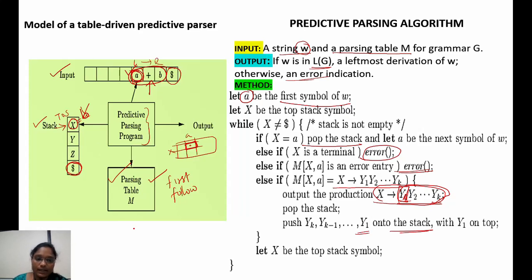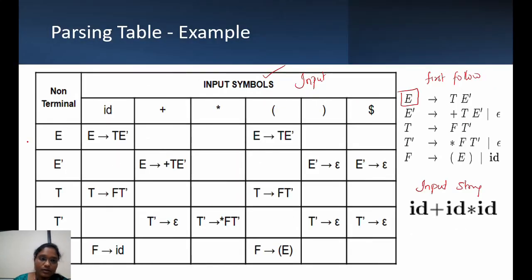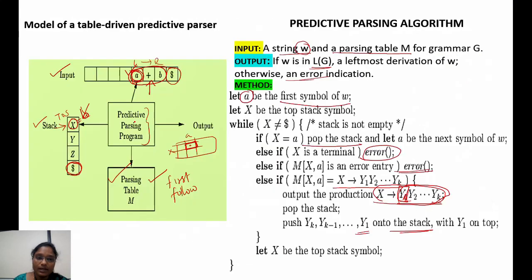So we can see here that for this table we have several non-terminals or variables, and also we have the input symbols. For each of these entries, we need to feed the input into this parsing table, and also we need to give the input string with the dollar as the end marker, and then we need to maintain a stack.